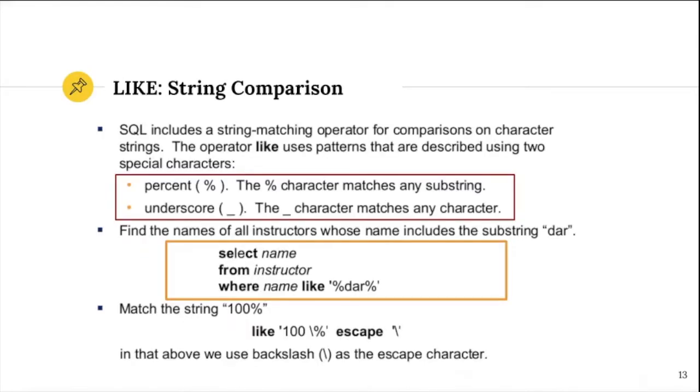Tapos, na-introduce dito yung concept ng like. Yung like naman is used specifically for search. Kunwari, meron kang table, tapos may gusto kang i-search na content, pero hindi ka naman necessarily sure dun sa name nung specific record na gusto mong kunin. So, ang ginagawa is to use yung like na command.